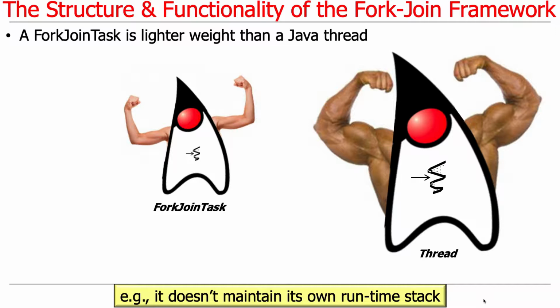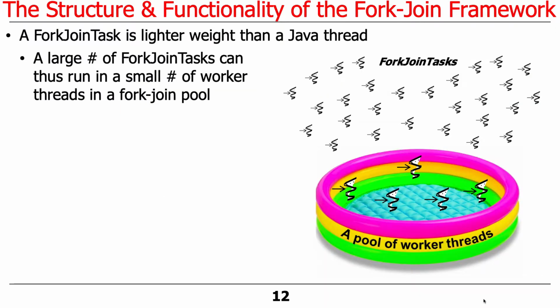Whereas in contrast, the fork join task has very little. But one of the nice things about that is you can actually have hundreds or thousands or tens of thousands or hundreds of thousands of fork join tasks, because they're all real scrawny and meager, and they can then be run and multiplexed in a much smaller pool of worker threads.